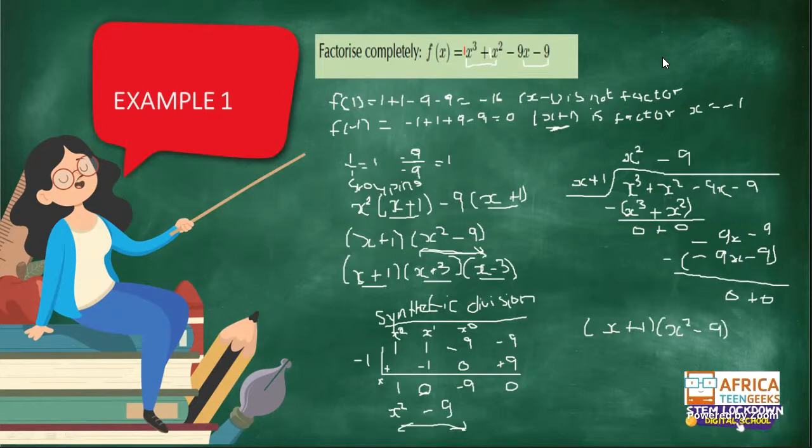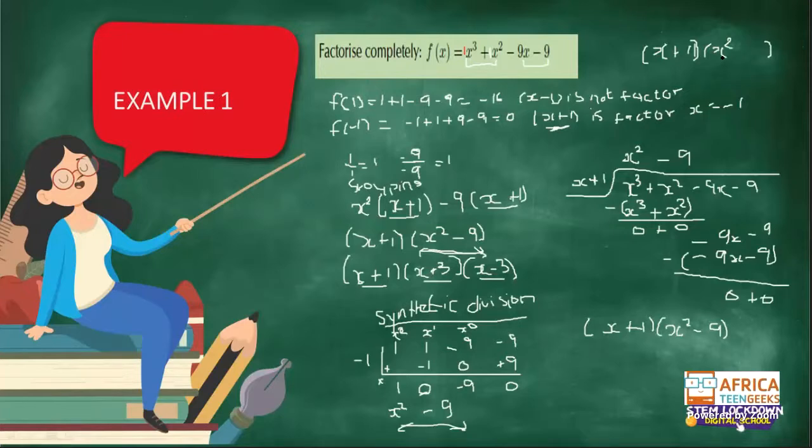Because if you have x plus 1, Terry, you already know that the term that's going to be multiplied with this x plus 1 to get x cubed is x squared plus something, and then you'll also have a constant, isn't it?